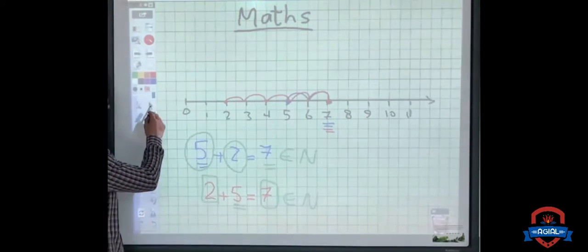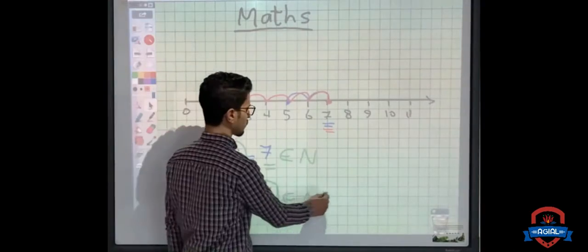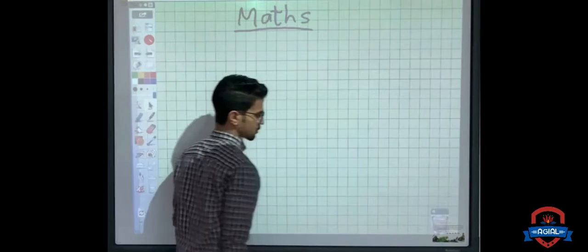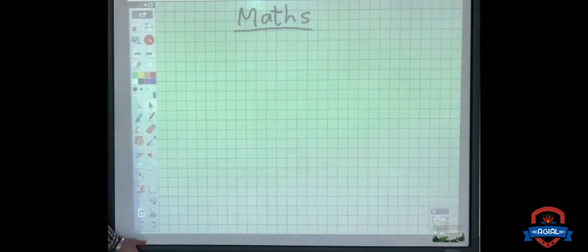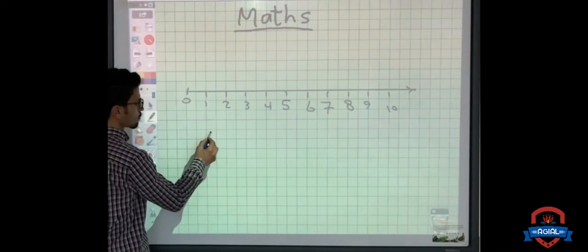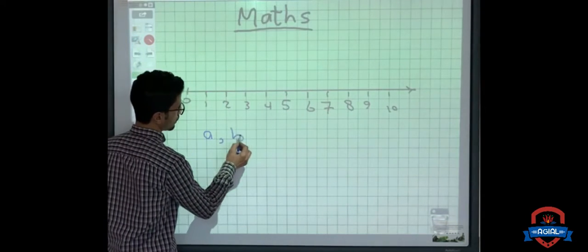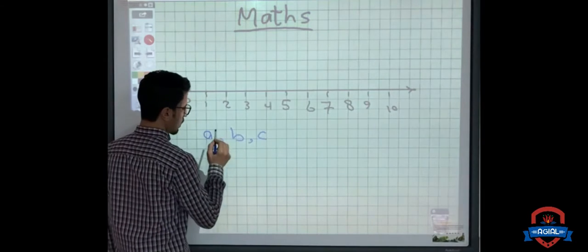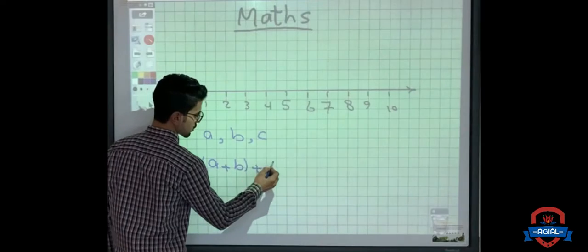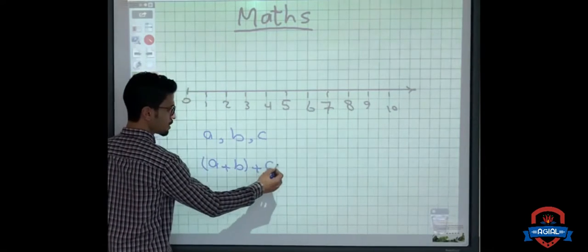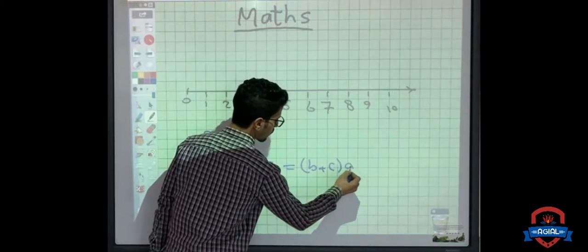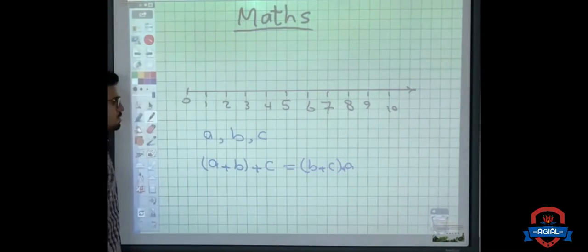And the third property is called the associative property. So let's learn the meaning of the associative property. If we have any three numbers, A and B and C, then A plus B all plus C equals A plus B plus C in any grouping, for example B plus C all plus A. What is the meaning of that?